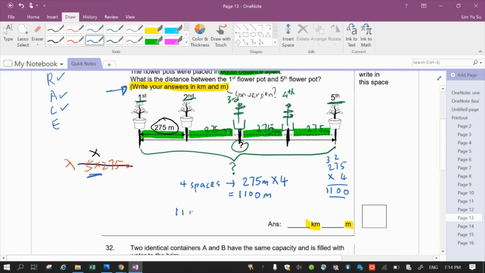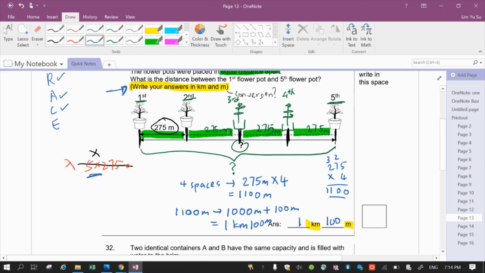1,100 meters will give you 1,000 meters plus 100 meters, which many of us know by now stands for 1 kilometer and 100 meters.